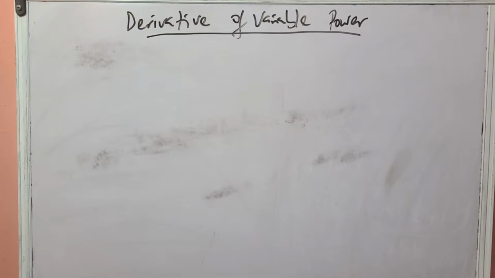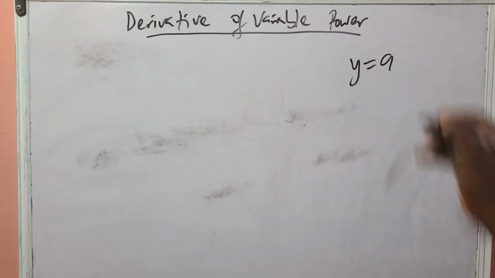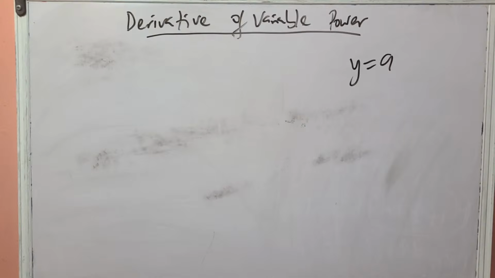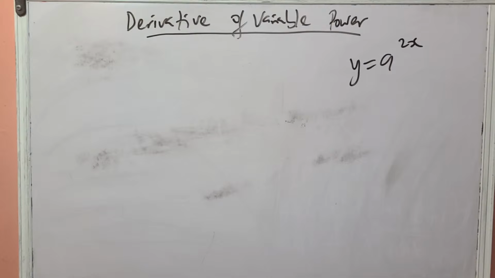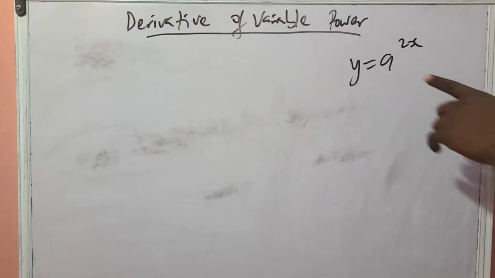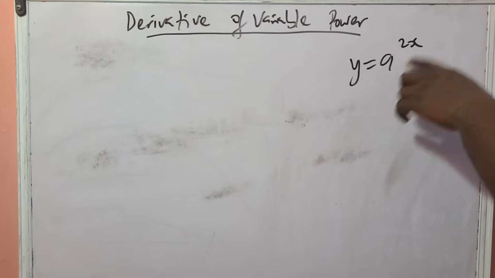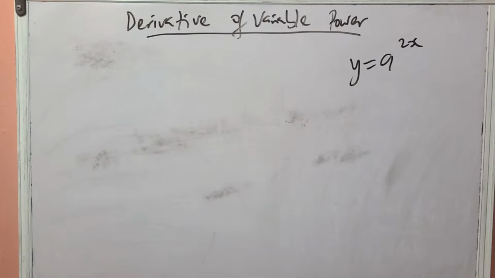So let's say, for instance, we have y equals a raised to power 2x, for instance. This is an example of variable power. All right, variable power, where you are dealing with things like this. This is not exponential, this is not logarithm, this is just a variable, and you are asked to find the differentiation of this.